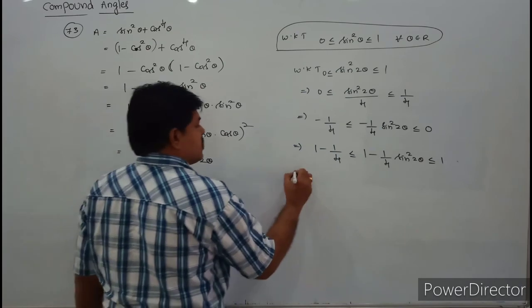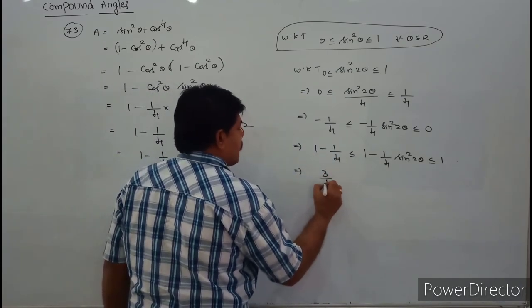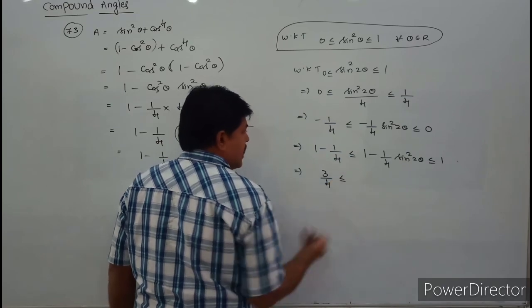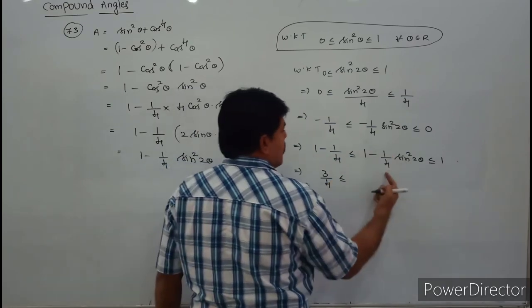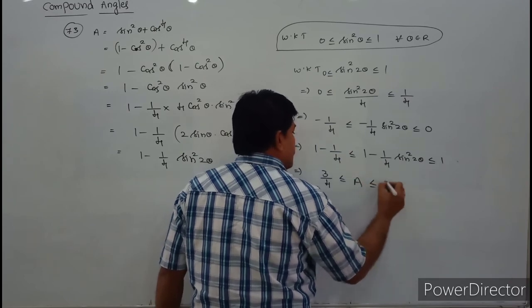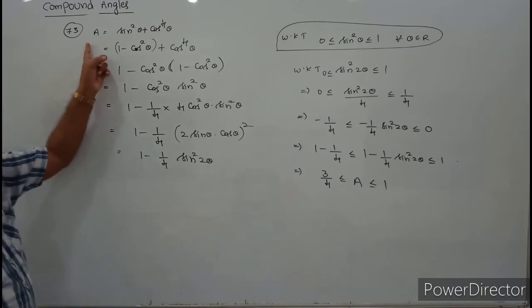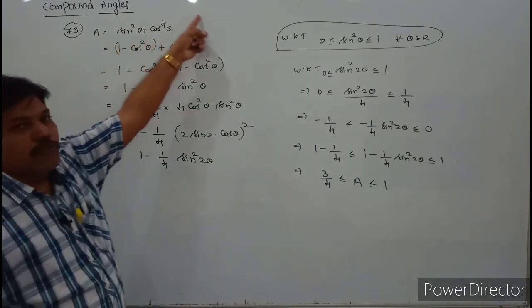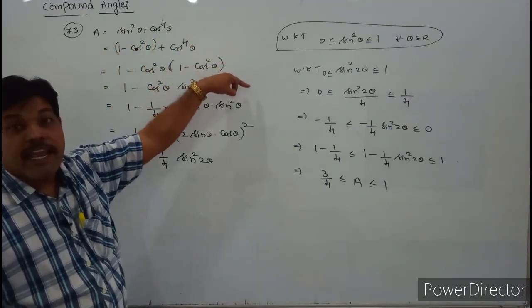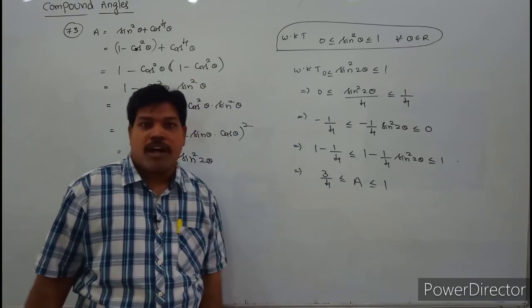So if you take the LCM here, it will become 3 by 4 is less than or equal to 1 minus 1 by 4 into sin square 2 theta, which is nothing but A. This value is less than or equal to 1. A is equal to sin square theta plus cos power 4 theta. A lies in between 3 by 4 comma 1.